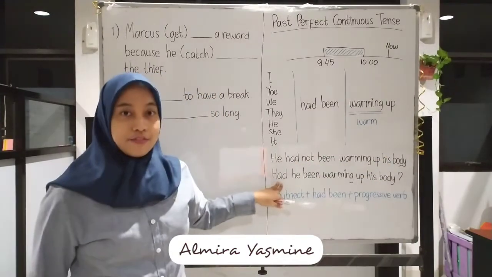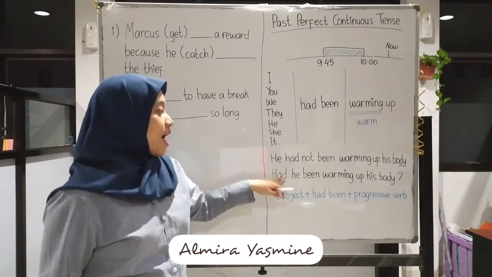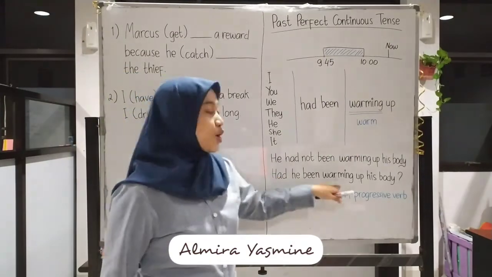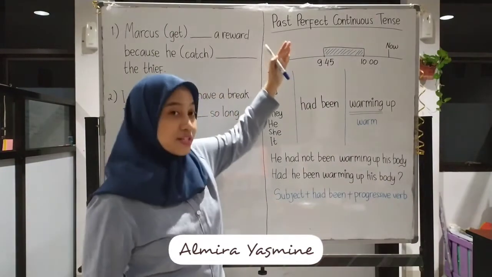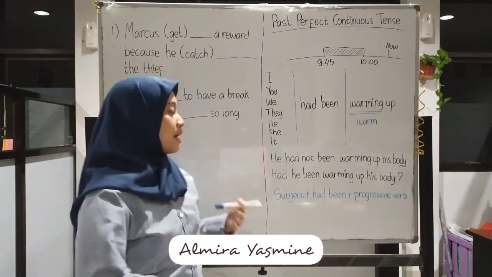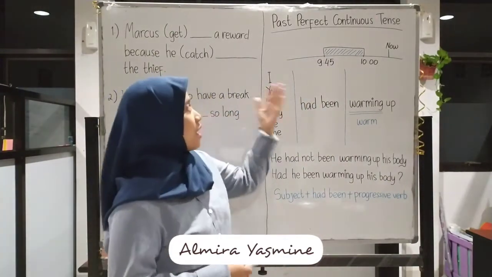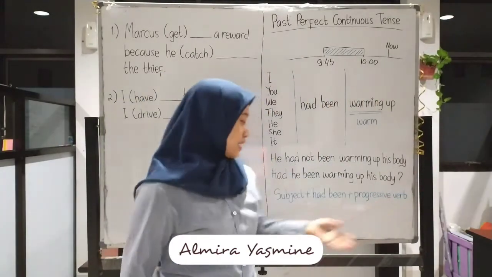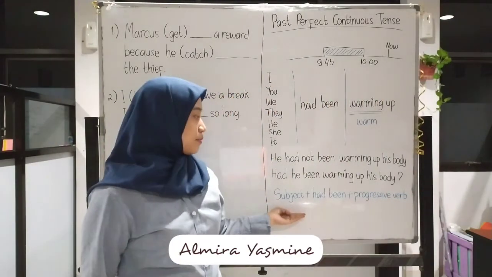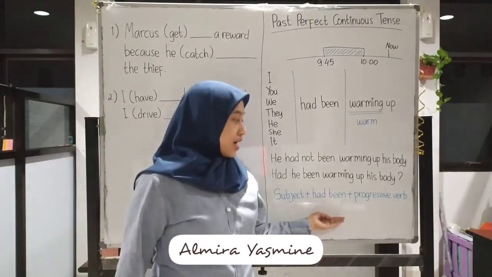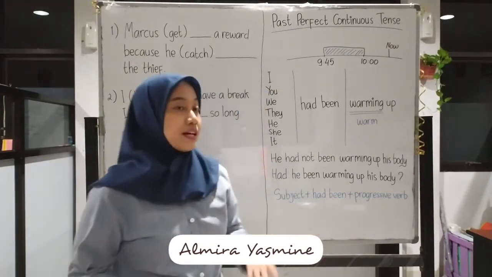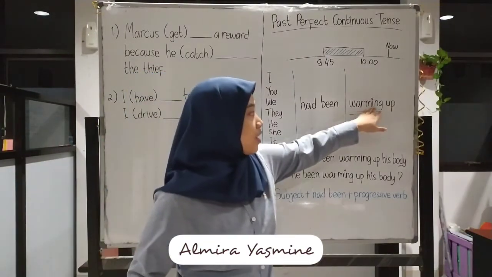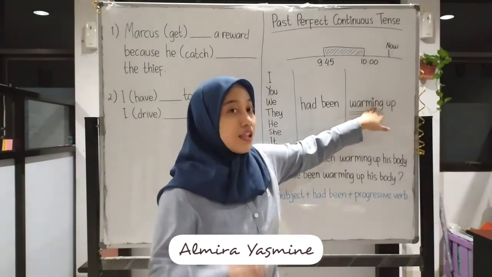The interrogative form is: had he been warming up his body? So the formula of the past perfect continuous tense is subject plus had been plus a progressive verb.